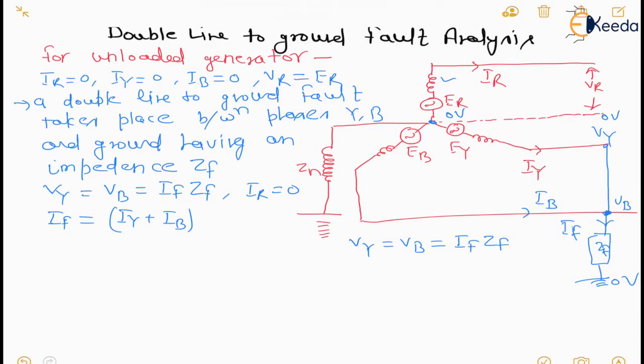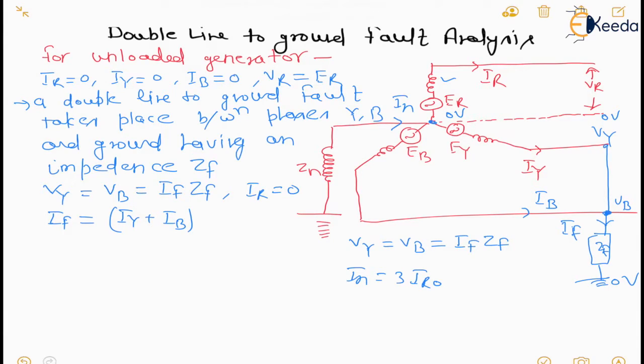Let us assume a double line to ground fault occurs, then after the fault this system will become unsymmetrical. So unsymmetrical means a neutral current IN will flow whose value is IN is equal to 3 into IR naught.